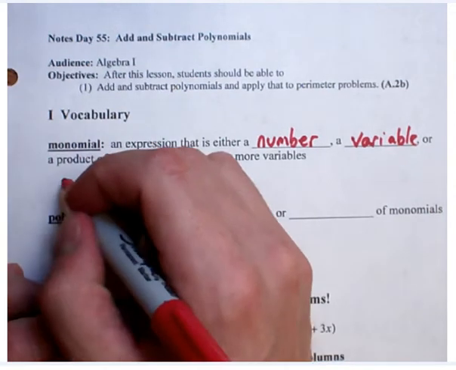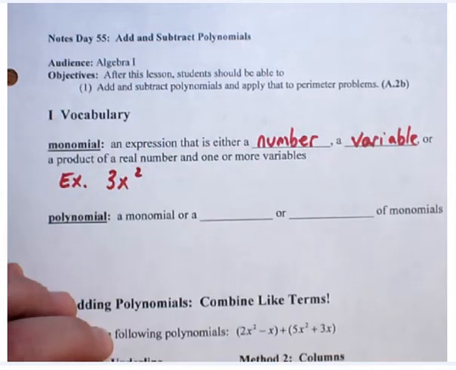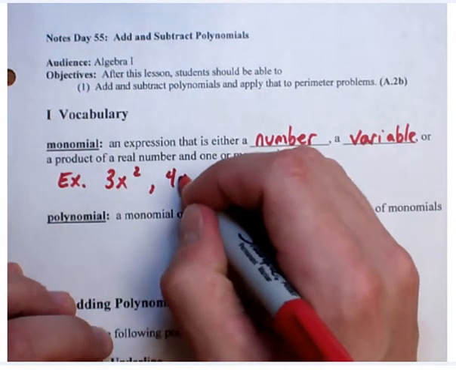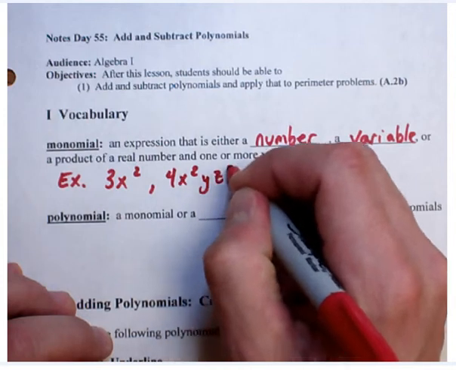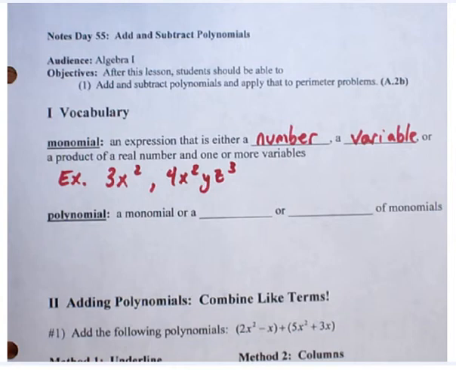So as an example, 3x squared is a monomial. 4x squared yz to the third is a monomial. The key is the exponents cannot be fractions and they cannot be negative numbers as well.